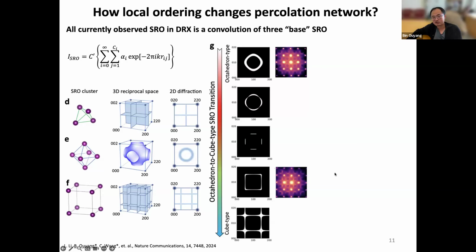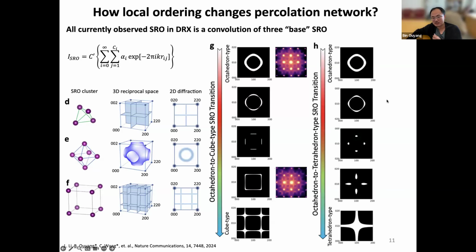Additionally, we can extrapolate that and figure out the rest of the diffuse scattering features that we have seen. We can mix the octahedron with the cube type of short range order or the tetrahedron type of short range order. At the top of the second column, the top one is still the octahedron type of short range order. The bottom one is the tetrahedron type of short range order.